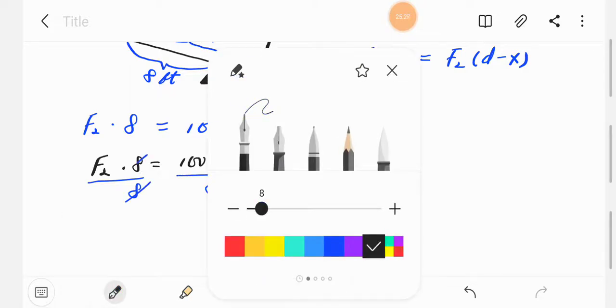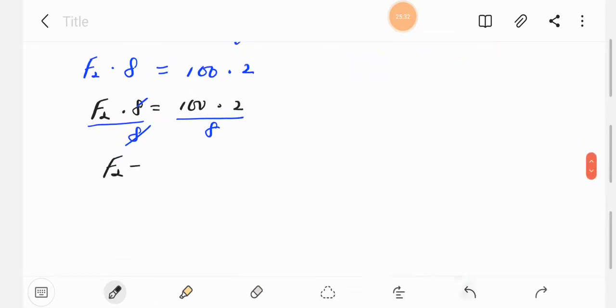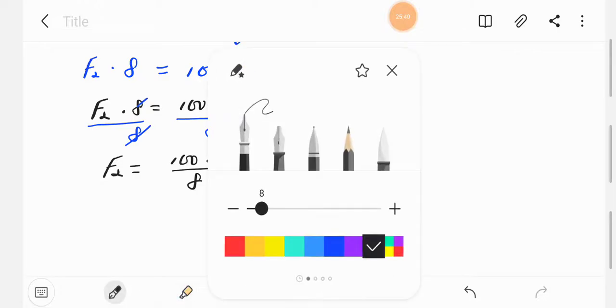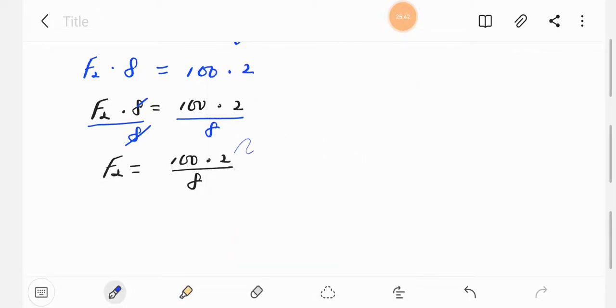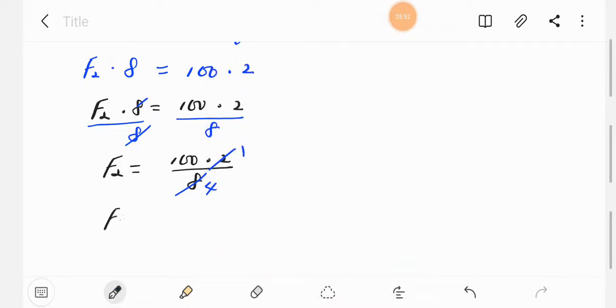So F2 is equal to 100 times 2 over 8. We can reduce it: 2 divided by 2 is 1, 8 divided by 2 is 4, and 100 divided by 4 is 25, right? 25.